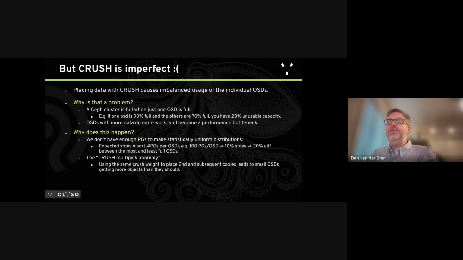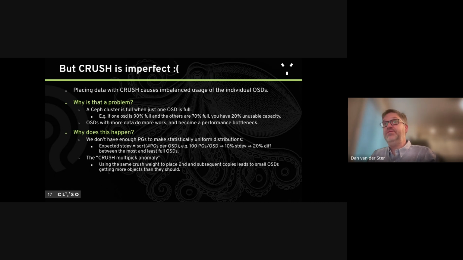When I talked about that two-step data placement, the first step is pretty good. It's pretty uniform, but Crush is not like that. Because the statistics are lower, and because of some small flaws in the way that it's used, it's almost impossible to get a perfect data distribution on your cluster using Crush alone. So why is this a problem?